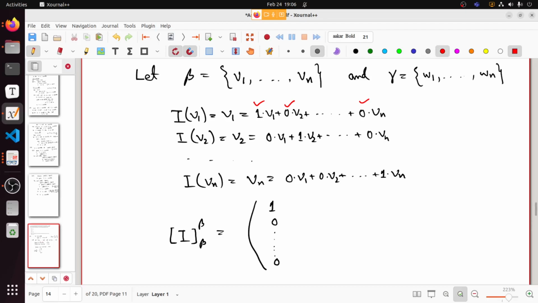Next one will be 0 1 0 dot dot dot 0. Similarly, I will get the last one as 0 0 dot dot dot 0, and the last entry will be 1. So this is the n cross n identity matrix, right? So this is I n cross n.